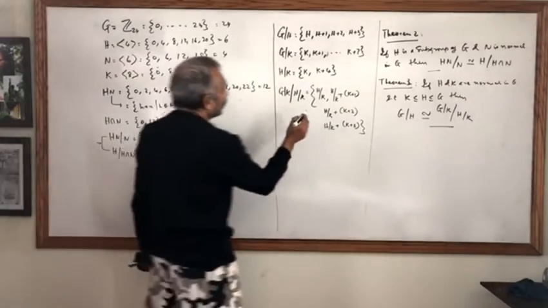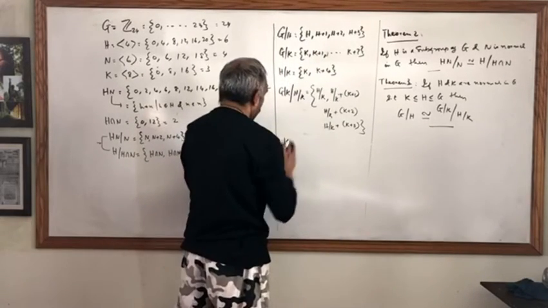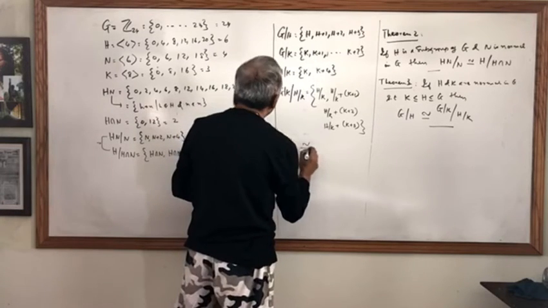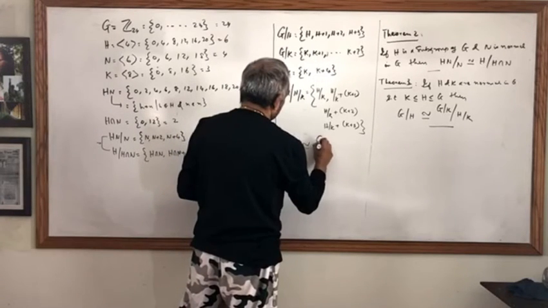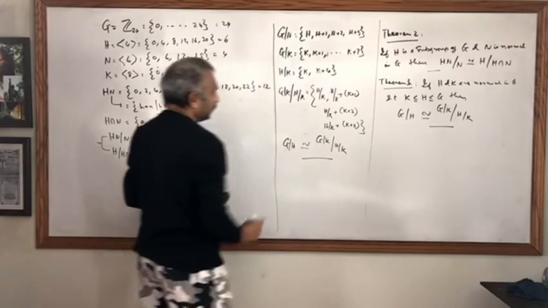So this has got 1, 2, 3, 4. This has got 1, 2, 3, 4. So G over H is isomorphic to G over K over H over K. And that is theorem 3.